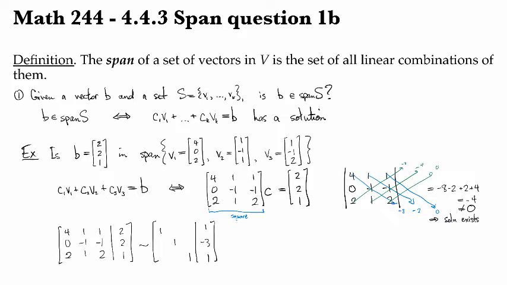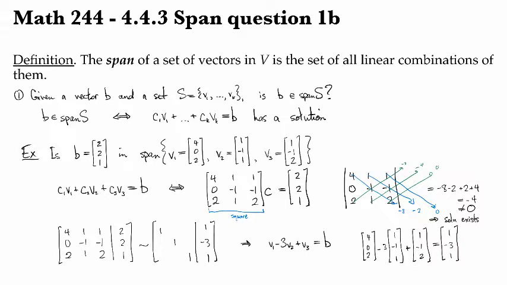And so that tells you then that v1 minus 3v2 plus v3 is equal to b. And checking that numerically, v1 is (4, 0, 2), and we subtract 3 times (1, -1, 1), and then we add 1 copy of v3, which is (1, -1, 2), and you will indeed end up with (2, 2, 1). I'll leave that to you to check the arithmetic on that.